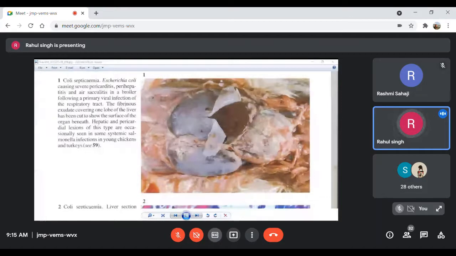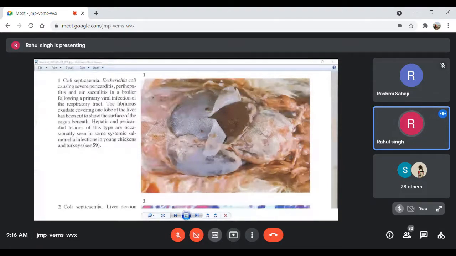Okay, and if you observe here on the liver, they have removed and opened up the deposits over the liver. The liver is appearing dark colored, tanned liver. We say tanning of liver, tanned liver, isn't it?